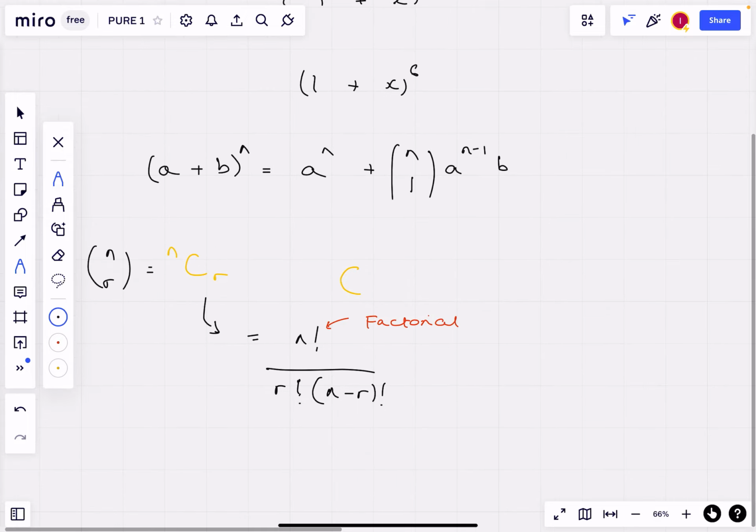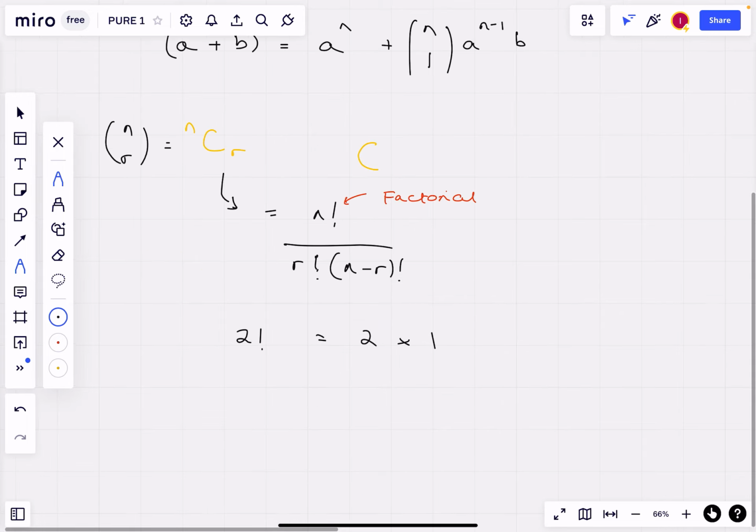Suppose I have 2 factorial, that means 2 times 1. If I have 4 factorial, that's 4 times 3 times 2 times 1. Okay, so 5 factorial is going to be 5 times 4 times 3 times 2 times 1. Okay, you get the point.